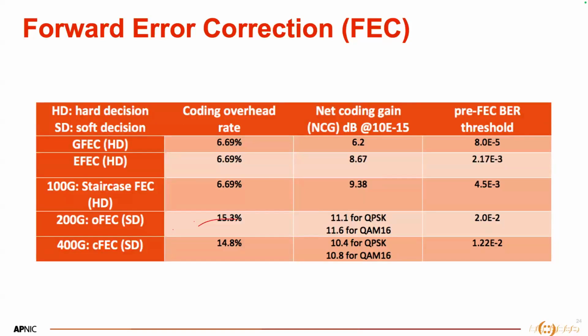There are different FECs like generic FEC, optical FEC, staircase FEC, etc. I'm not going into the details of these. I have put this table here for your information only.